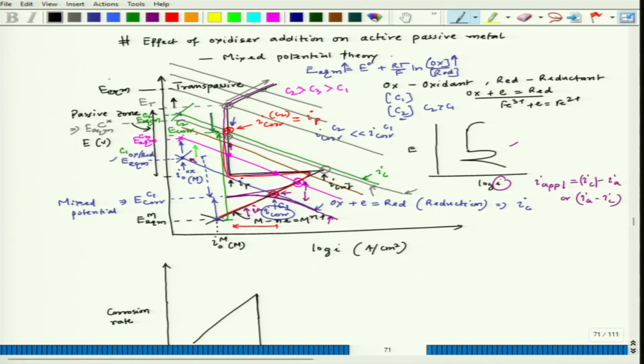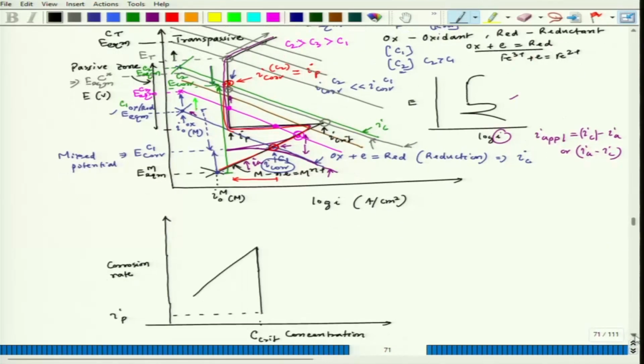equilibrium CT, okay, which is the junction point and exactly the cross point between ET, which is the transpassive potential, and I passive.